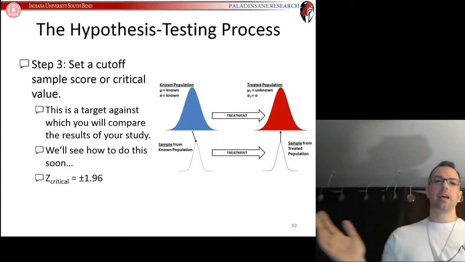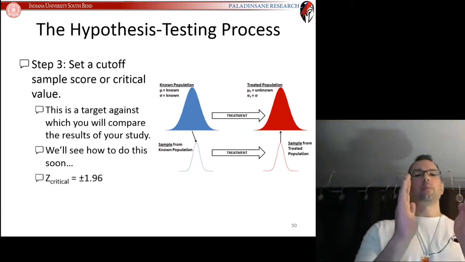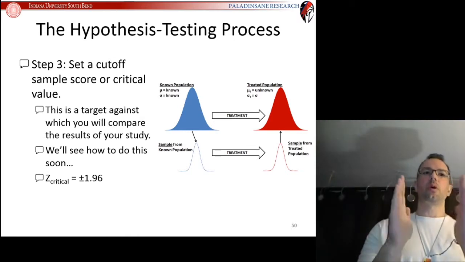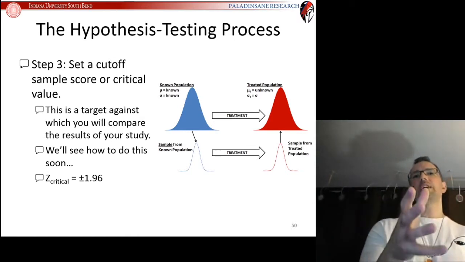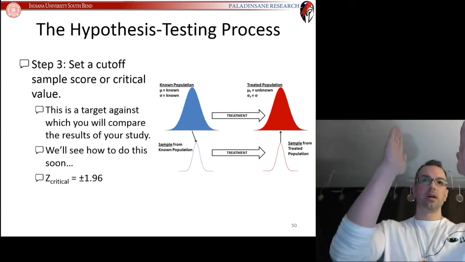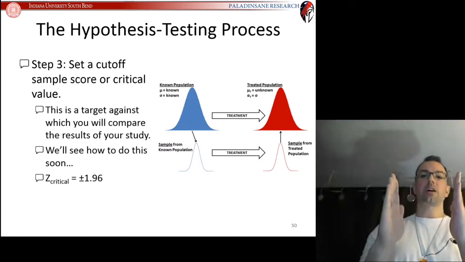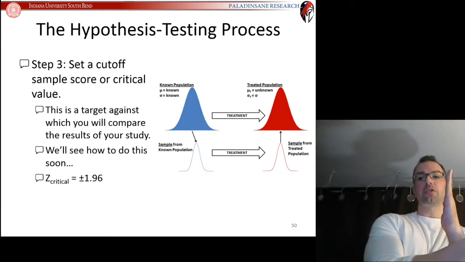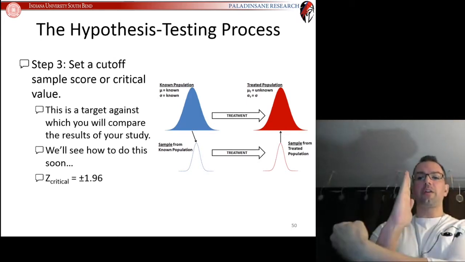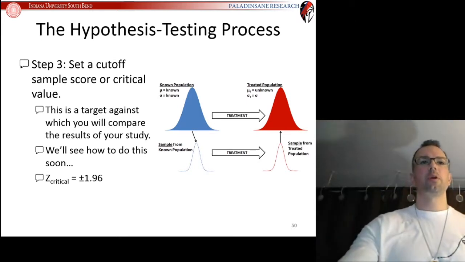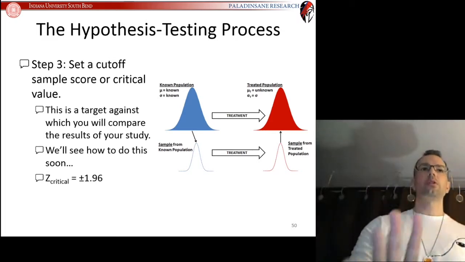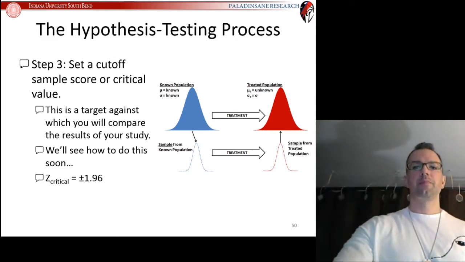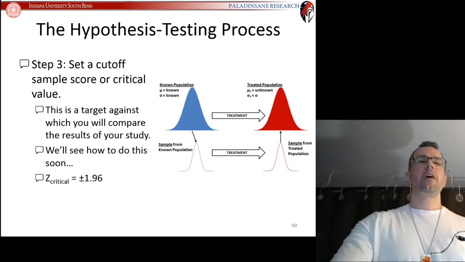And our cutoff score, because this is a two-tail test, is going to be positive and minus 1.96. And again, we'll see exactly how we get that information. But importantly, these are our cutoff scores. We got 2 lines. You go too far one way, we say that the treatment is effective. You go too far the other way, we also say that the treatment is effective. Those are our lines in the sand.